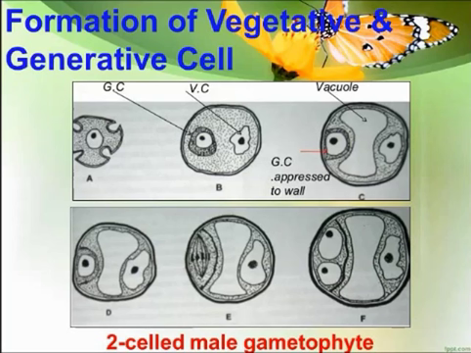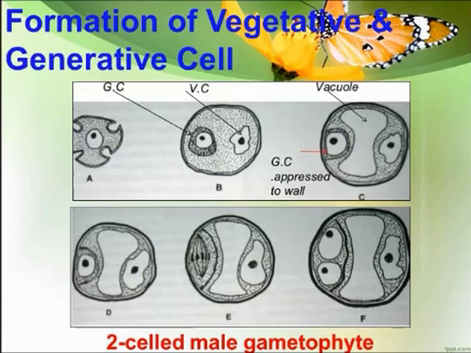In figure D, you can see that the pollen grain and generative cell have enlarged. In the next figure, you can see the generative cell is undergoing mitosis. Figure F shows the binucleated generative cell pressed against the pollen grain wall.